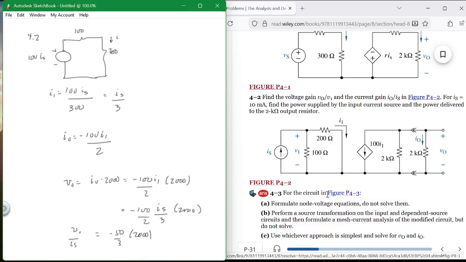Any questions? Oh, they want V out over V1. V out over V1 is what? They want V out over V1 instead of I1. What is V1? It's I1 times 100.